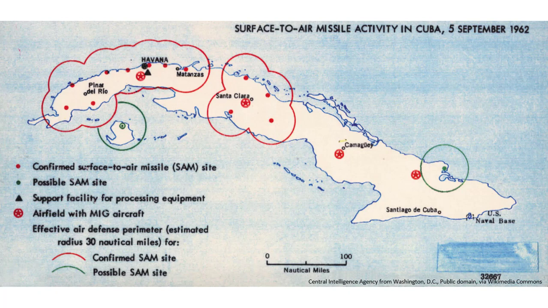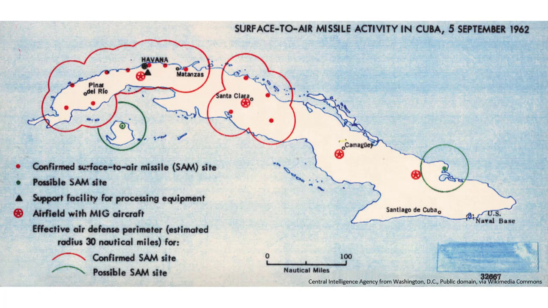The administration of John F. Kennedy decided to blockade the island nation to prevent more Soviet supplies and weapons from being delivered. And serious questions were raised about what would happen should a Soviet ship run the blockade.